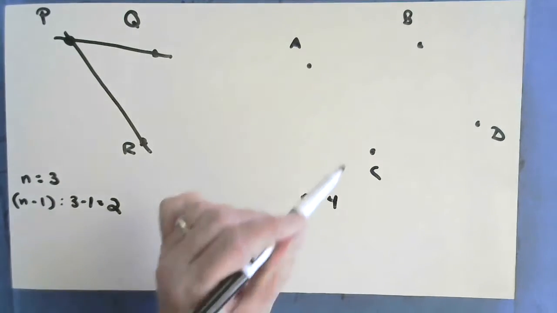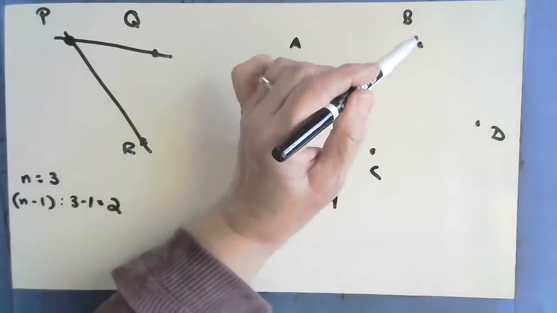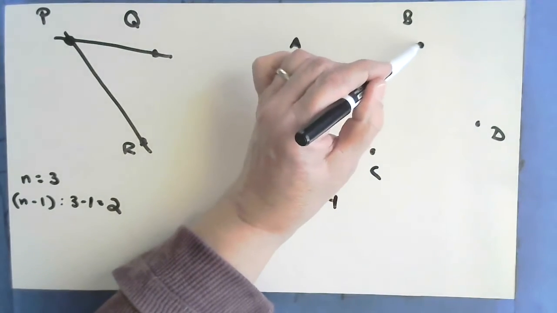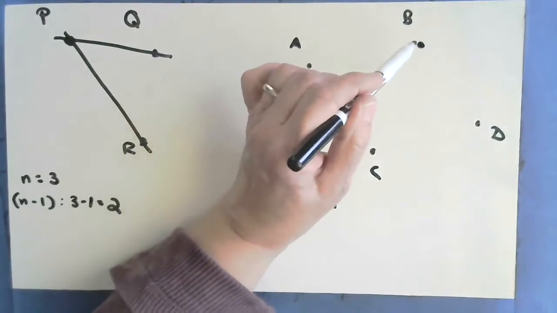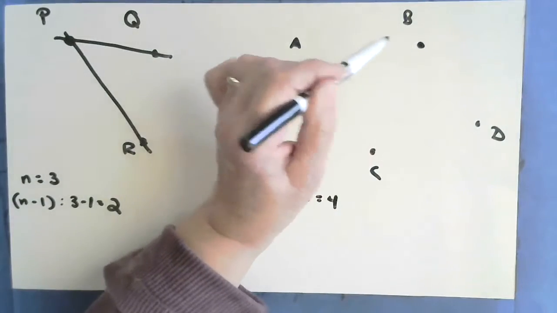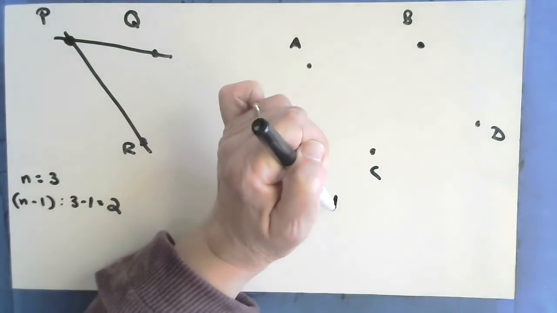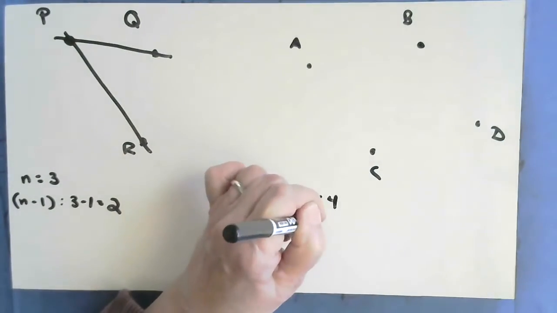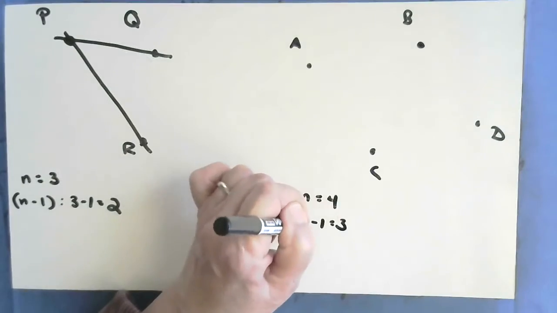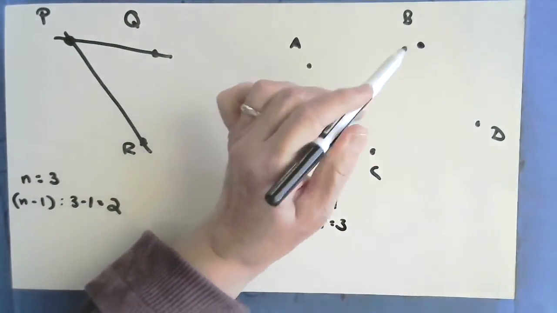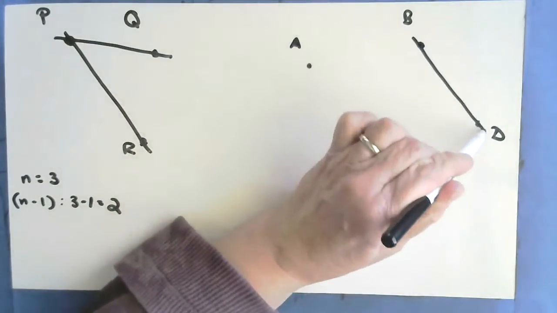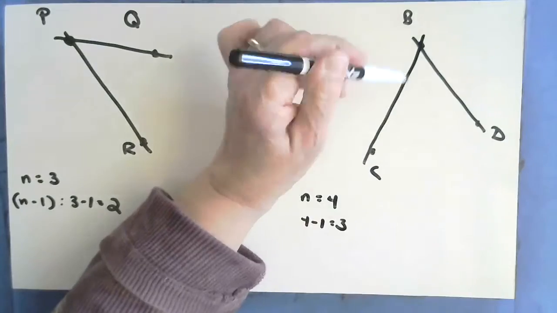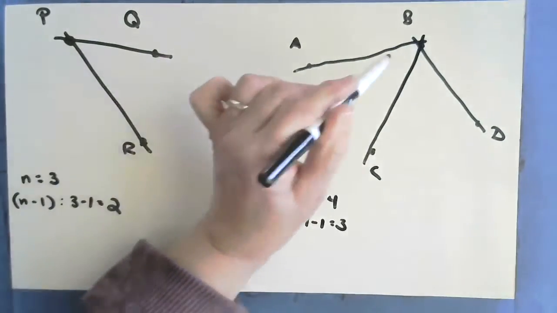And we can do the same thing over here where n equals 4. If B is the first point I'm going to connect to the other points, then there are n-1, 4 minus 1 equals 3 other points to connect to. So I connect 1, 2, and 3.